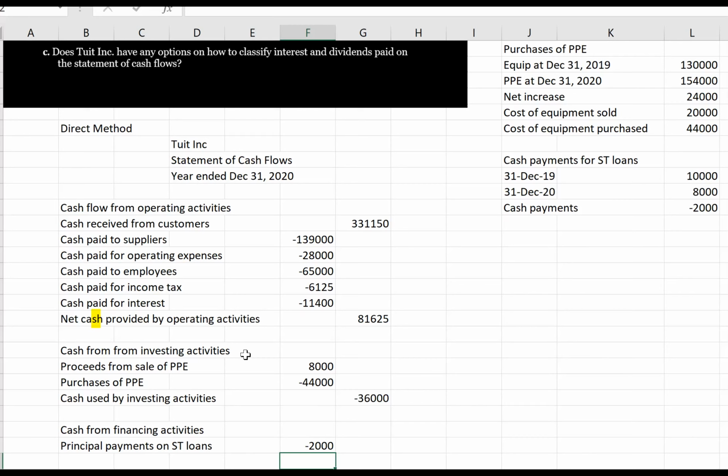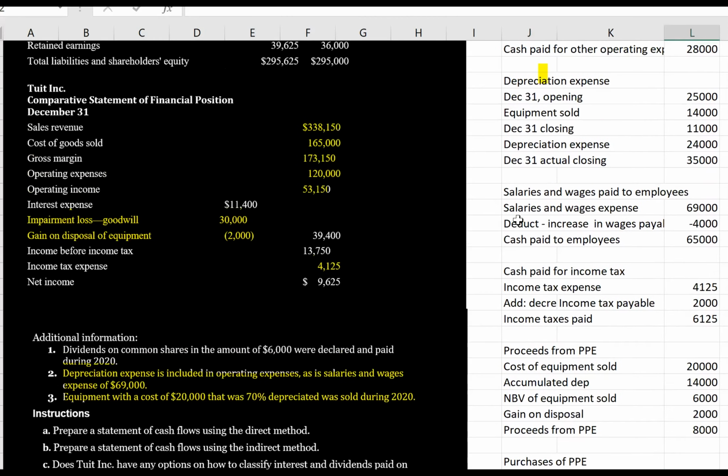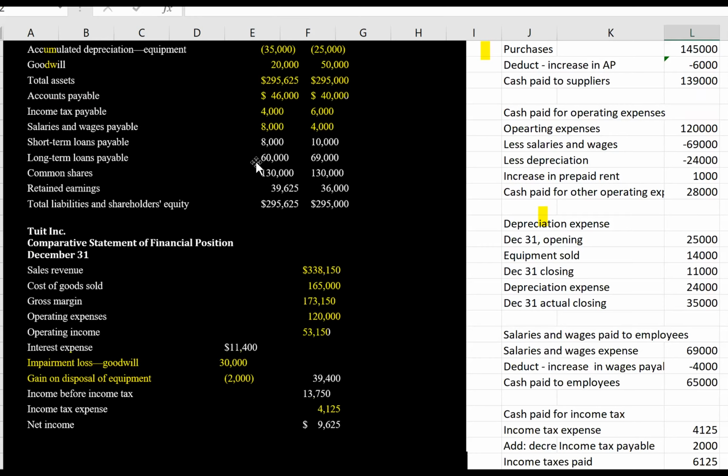Okay, now let's take a look at long-term notes payable. So let's go cash payments, long-term loans. We can basically copy the same format. Let's see what we've got for those balances. So we had 69 and now we have 60.